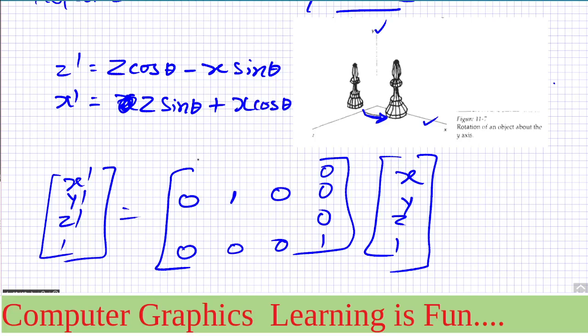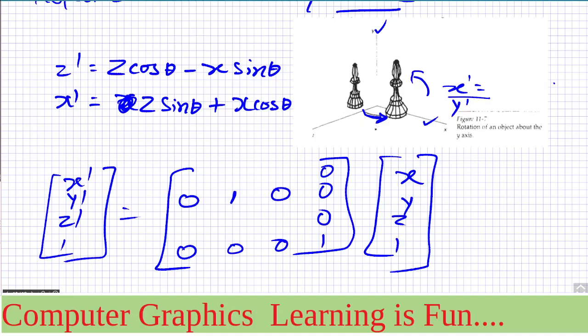Is it clear to all? Earlier, something was moving from x to y. So first we found the value of x and then the value of y, isn't it? The value of x was x cos theta minus y sin theta, right?